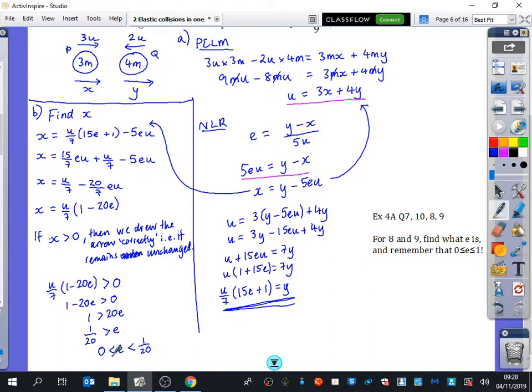I might come back to that in a second. No, because if e was equal to 0, yeah, that would work. Because if e was equal to 0, the speed of x would be u over 7, and u over 7 would mean that the speed hadn't been changed as well. So yeah, it can be equal to 0 in this case.